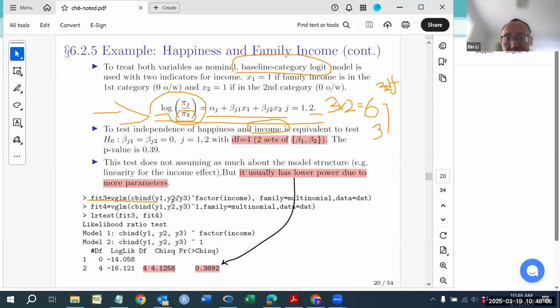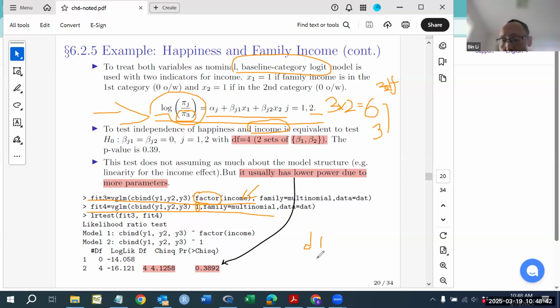Here, fit 3 is the baseline category logit model, and you can see the income now becomes a factor. Factor means it's nominal. And this is still the baseline category logit model, but this time we don't include the income. We just have the intercept.